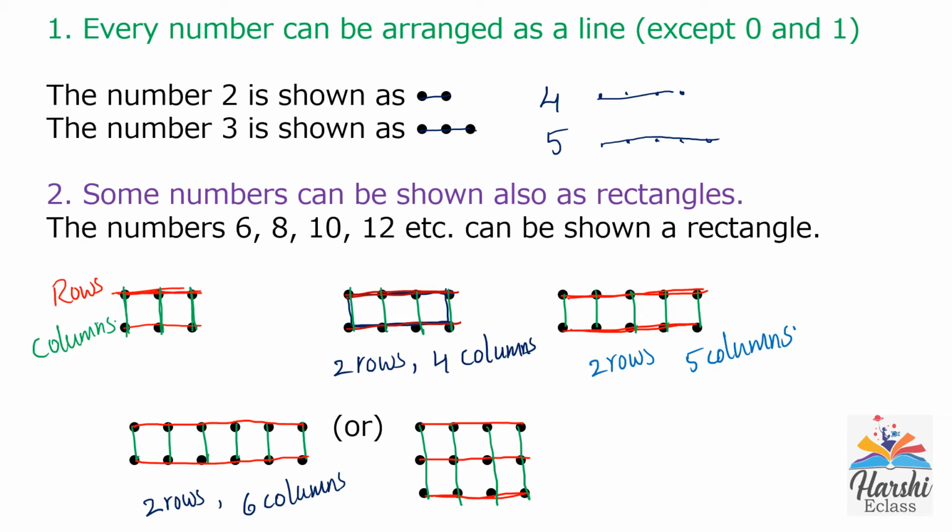Some numbers can be arranged in both forms. Here 3 rows and 4 columns. In this way we can arrange numbers in rectangle form.